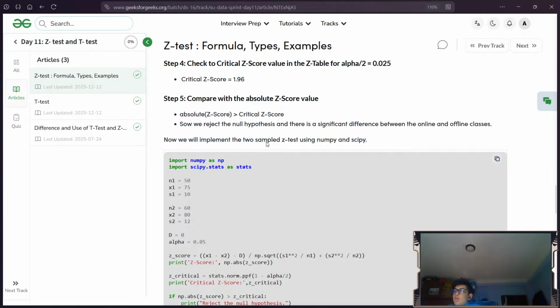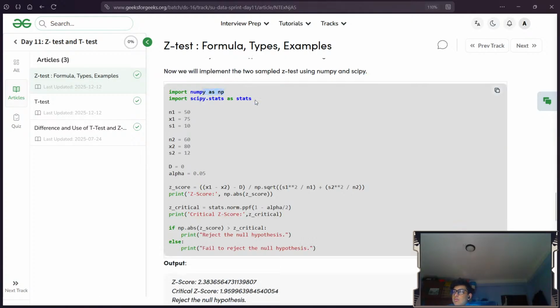Now we will implement the two sample Z test using NumPy and SciPy. NumPy is imported as np, and SciPy's stats is called. Here are the values, d is equal to 0, alpha, and this is the formula. Z score, critical is stats.norm.ppf of 1 minus alpha by 2.